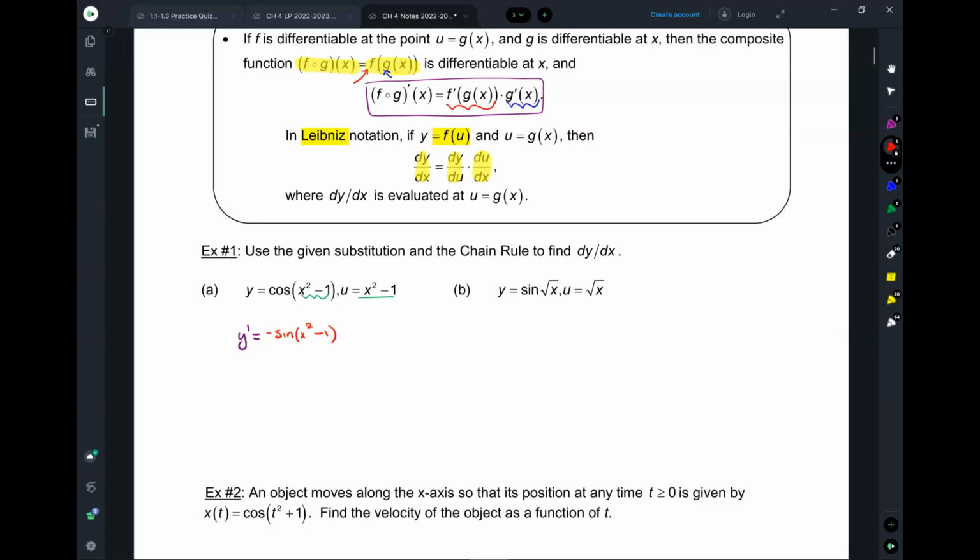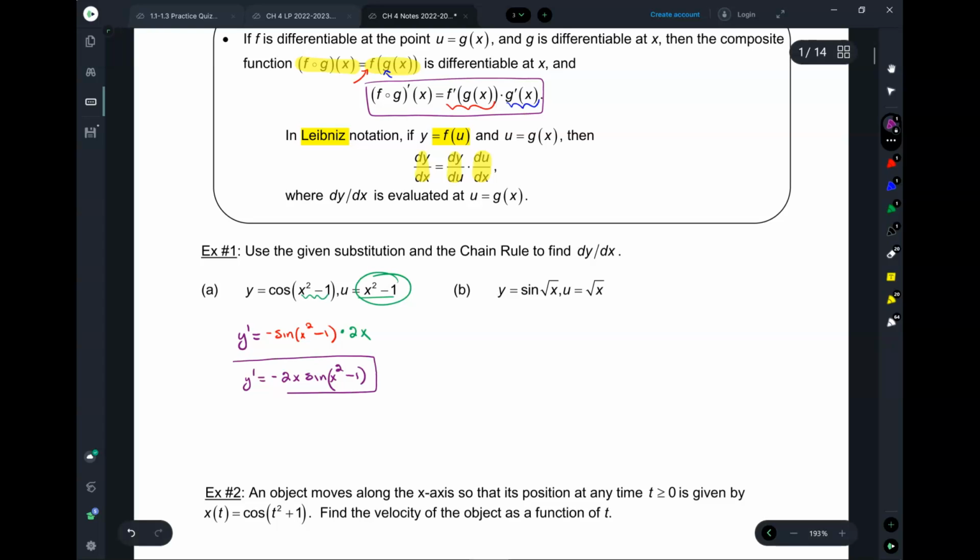If it was cosine of table, the derivative would be negative sine of table. Times, now we're going to multiply it by the derivative of that u, which came from the inside. What's the derivative of that? 2x. Then I write it in more compact form, bringing the 2x further to the front. This is negative 2x sine of x squared minus 1, keeping the parentheses there.